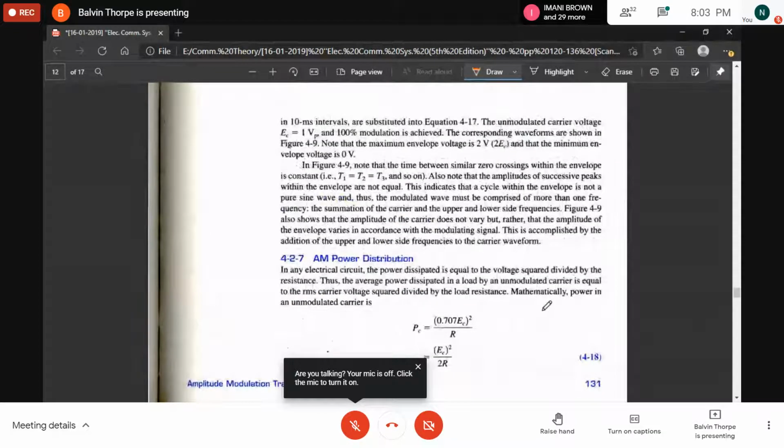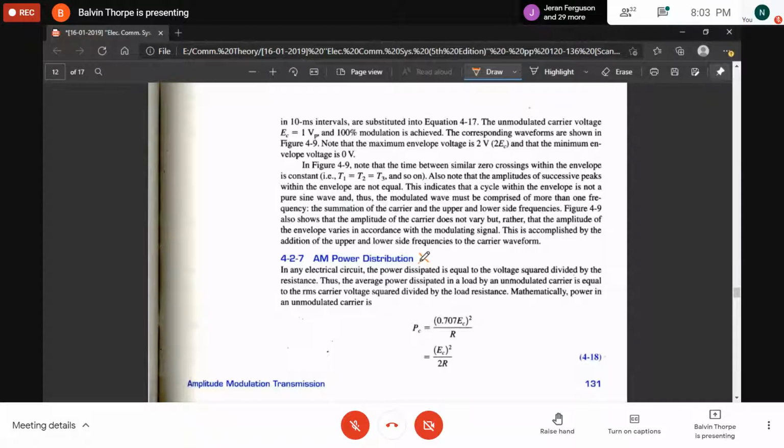All right. Next thing we want to talk about is the power distribution. The way we just looked at was the amplitude modulated wave. So I want to know how the power is distributed in that wave.